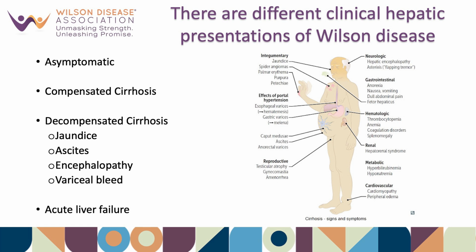That can be manifested by any one of these 4 symptoms: jaundice, which is the yellowing of the eyes and skin; ascites, where you develop fluid in the stomach or abdominal area; encephalopathy, when the liver can't remove all the toxins, like ammonia, in the blood, and the patient can present as confused; or patients can bleed from varicose veins that develop in the esophagus, which we call a variceal bleed. And we've also seen cases of acute liver failure in Wilson's disease as well.